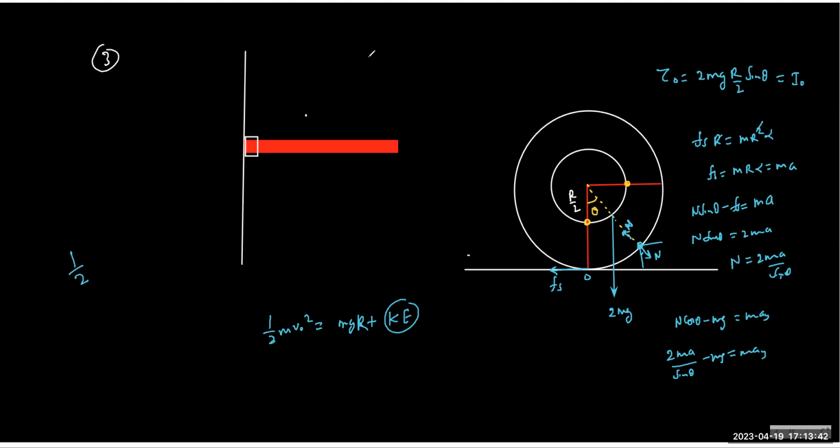The only thing we conserve is energy only, nothing else. Right.